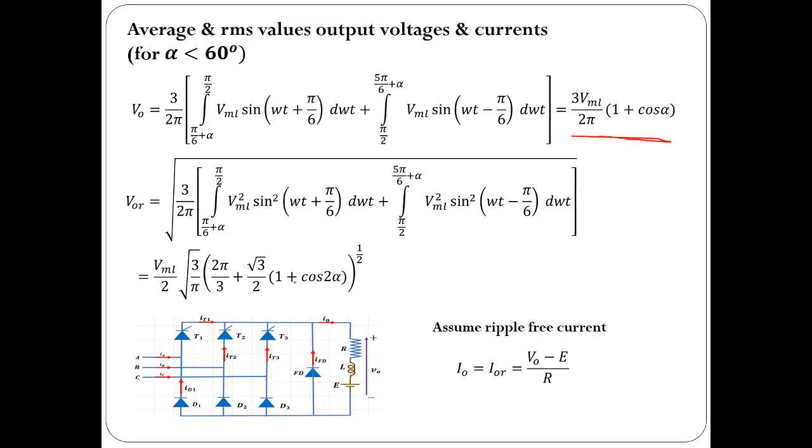Now similarly, if one wants to find the output current RMS value or average value, assume that the current is ripple free. So the average value and RMS value are both equal, that is, the average value of output voltage minus battery voltage by the resistance value. In previous lectures we have derived this formula.